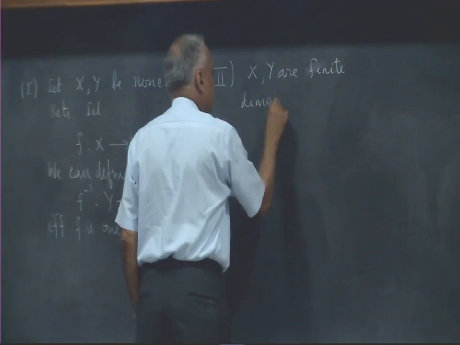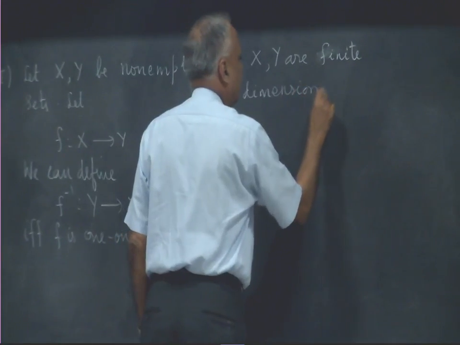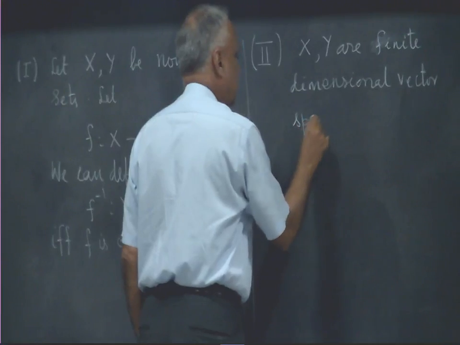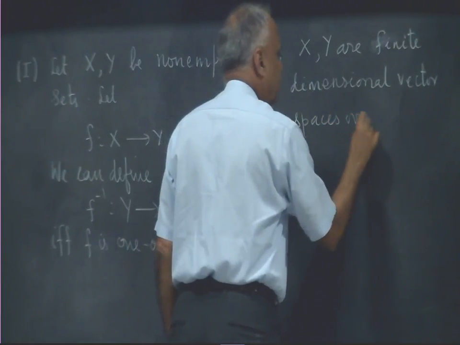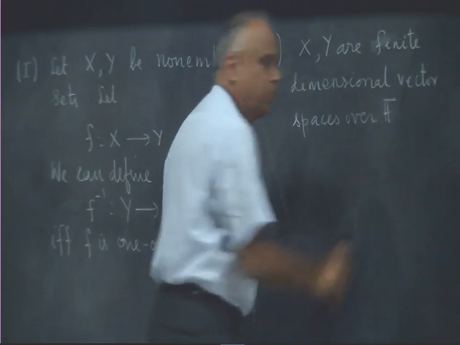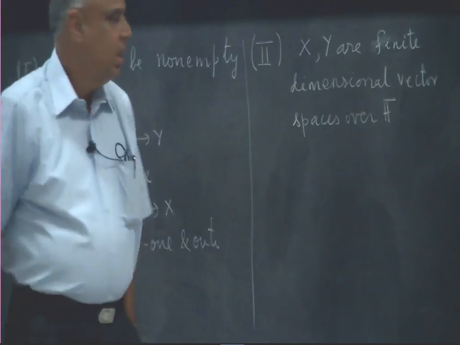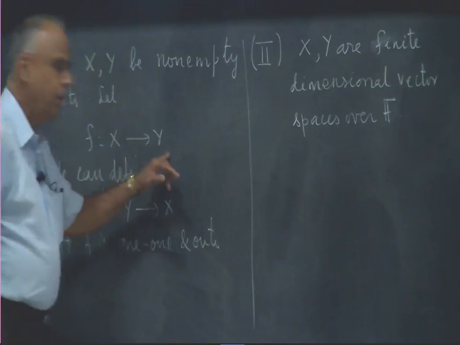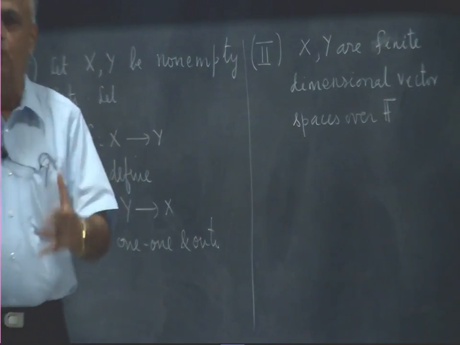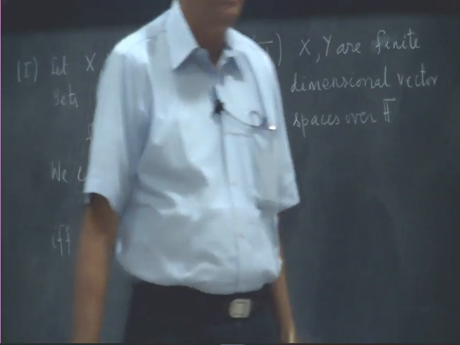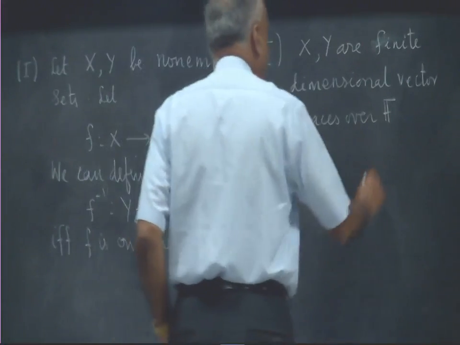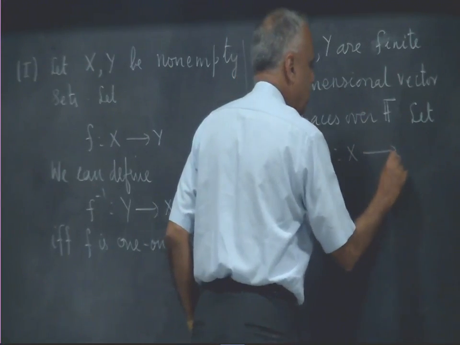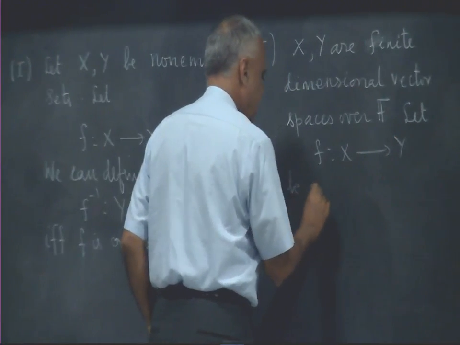Even among vector spaces we will look at finite dimensional vector spaces over some field F. And whenever you have vector spaces, you would like to look at transformations which preserve the structure, which means linear transformations. So let f mapping x to y be a linear transformation.